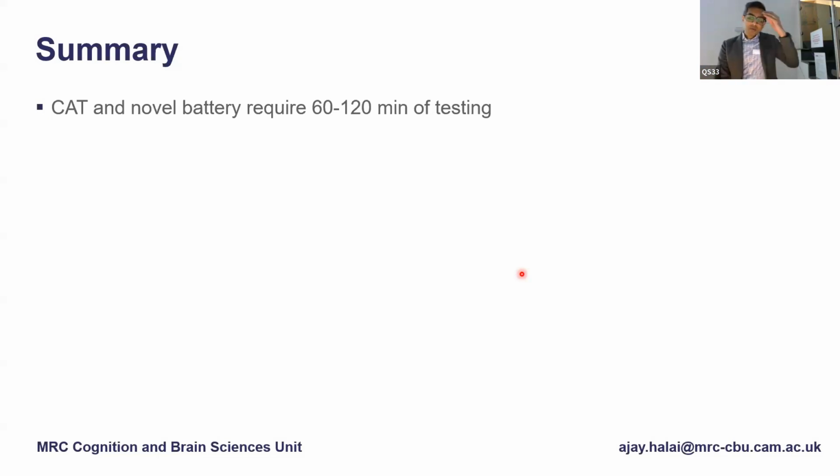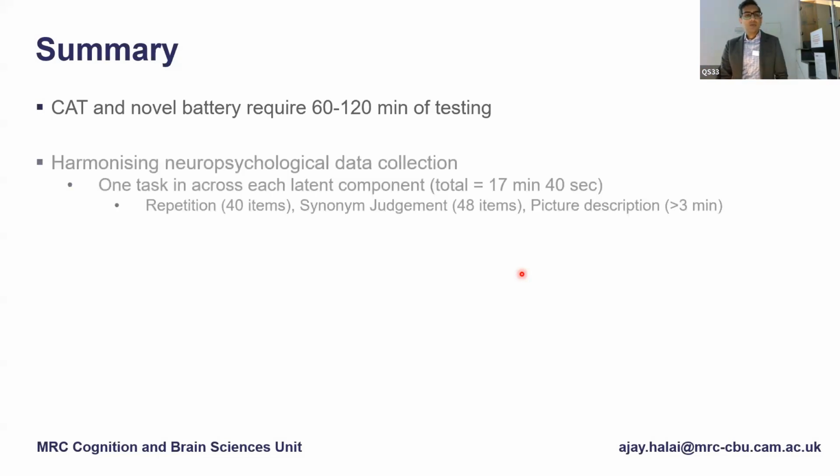What we're moving on to next is thinking more about harmonization across multiple sites. We're thinking about how we could use the information from the extensive battery to select tests that have a lot of items built into them. One idea we took was, in the extreme limit, to take one task from each latent component from the reduced battery: repetition, which has 40 items, synonym judgment, and a picture description task.